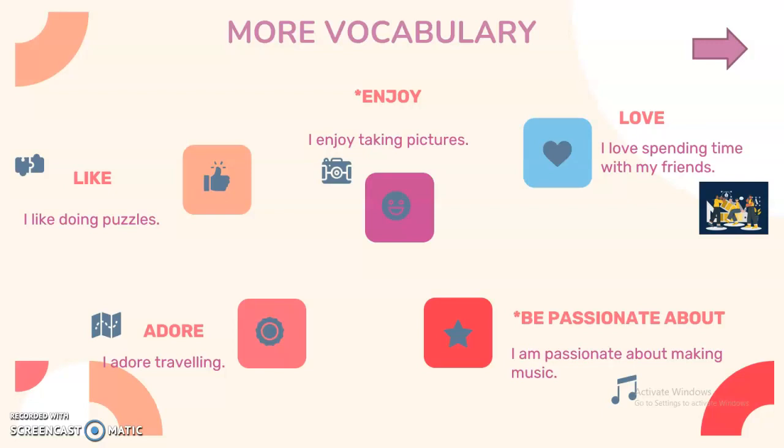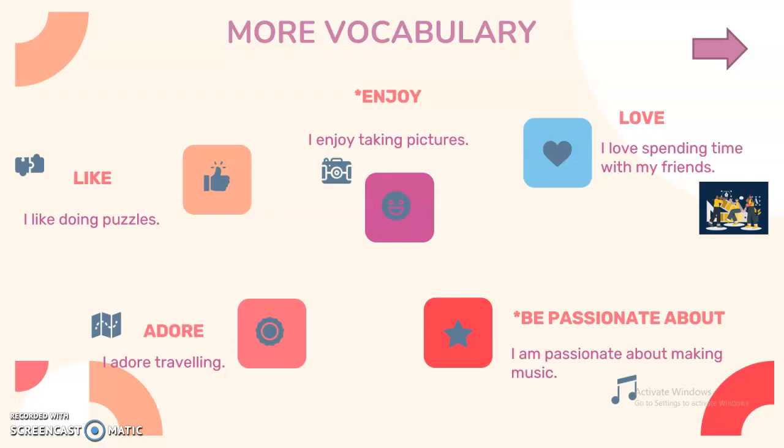Enjoy and be passionate about are two of those exceptions. Todos los verbos que expresan cosas que nos gustan o no nos gustan pueden ser seguidos por la forma del verbo con ing, pero no todos ellos pueden ser seguidos por la forma to infinitive. Dos excepciones a esa regla son los verbos enjoy y be passionate about.